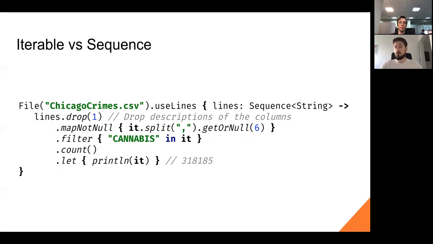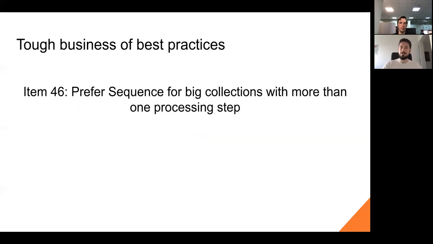If this is a collection that has thousands, tens of thousands of elements, it is already big and it already needs to be populated, stored, and cleaned, and that is a cost that can be avoided if we use sequence instead of a list. So sequences are better for big collections with more than one processing step. They can be infinite, and they have more natural processing.